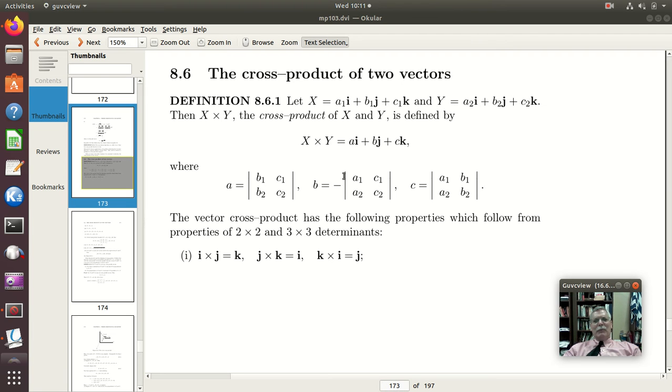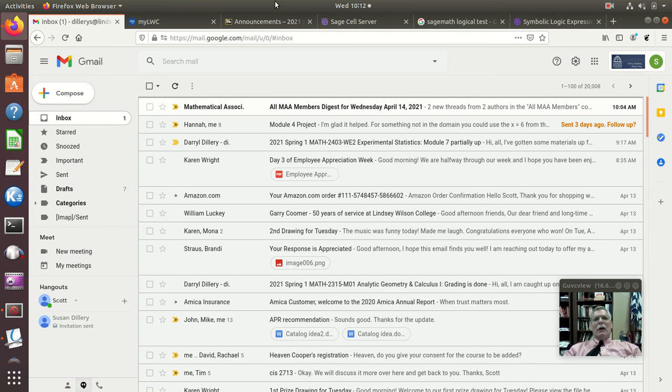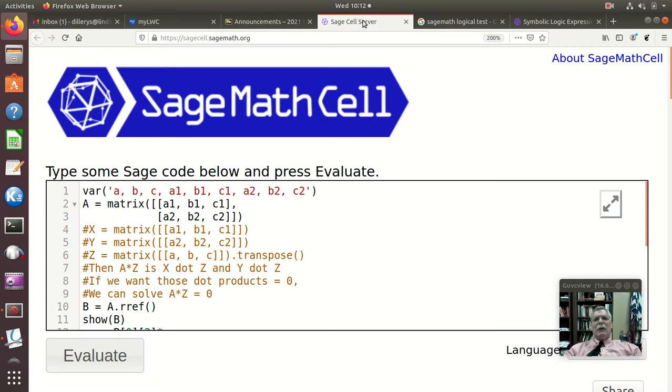Because just sort of doing this is kind of weird. So, to look at where this came from, I did a little bit with Sage. I could have written this all out.